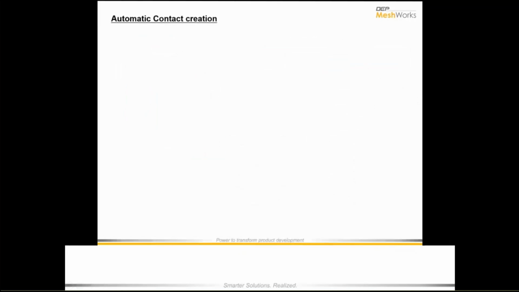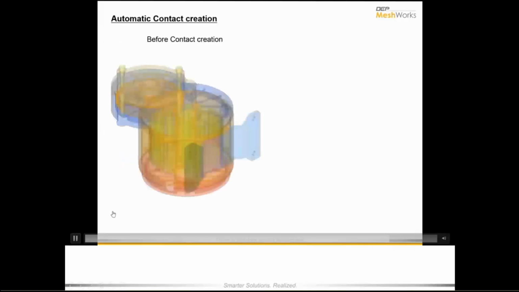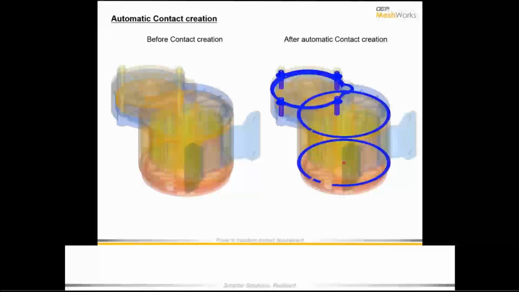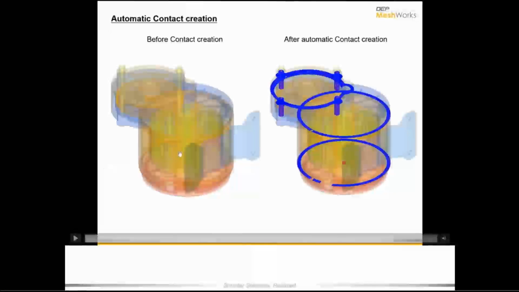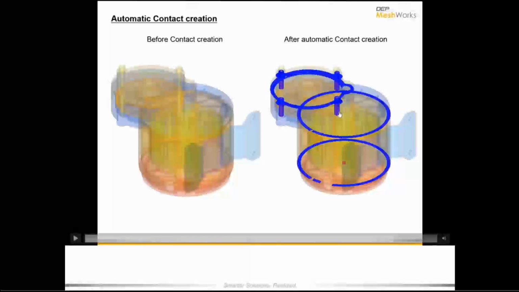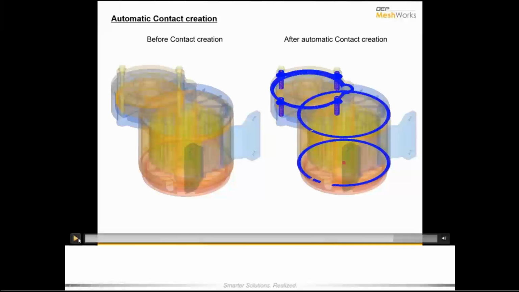The second portion is how we connect all the parts. So connection is through two types. One is through contacts, rigids, and bolts. In the case of contacts, the user can simply select all the components, and based on a tolerance, the tool automatically creates all these kinds of contacts. And the contacts can be a tie contact or a simple surface contact.